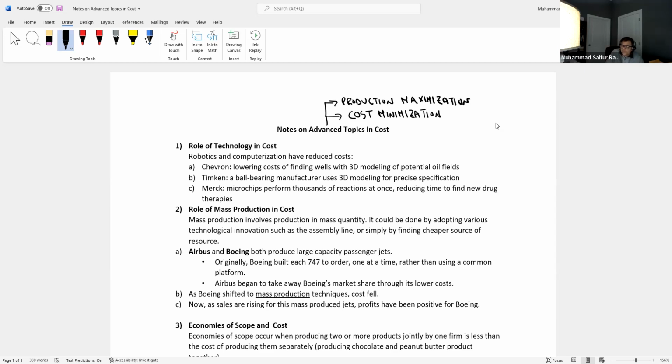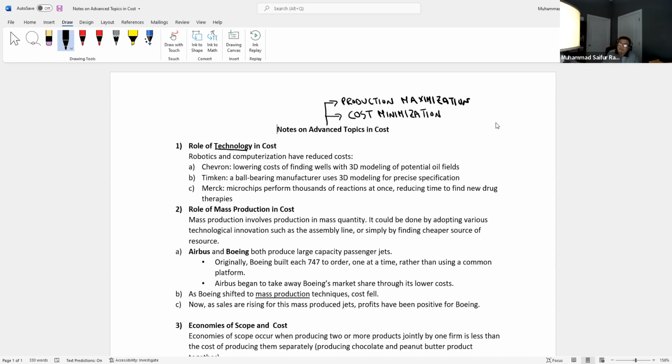The first topic that I would like to talk about, which I have done in my previous videos as well, is to look at the role of technology in the cost structure of a firm, because technology is like a double-edged sword, right? Whenever you try to adopt a new technology, you probably are going to be required to buy new machines, which are going to be costly, by the way.